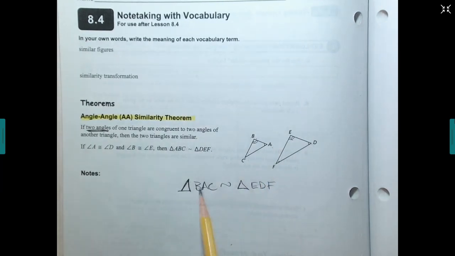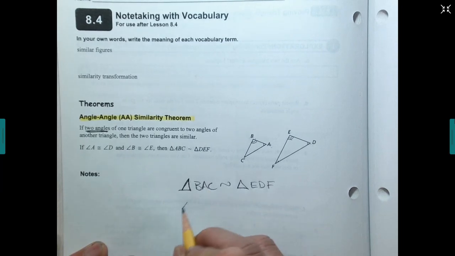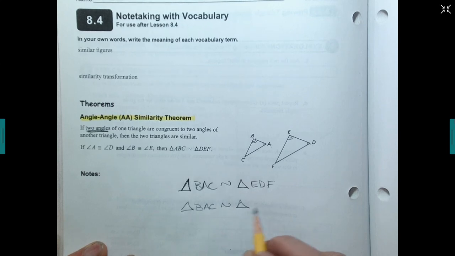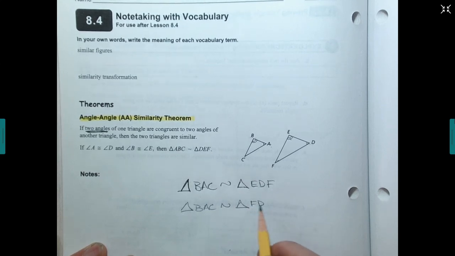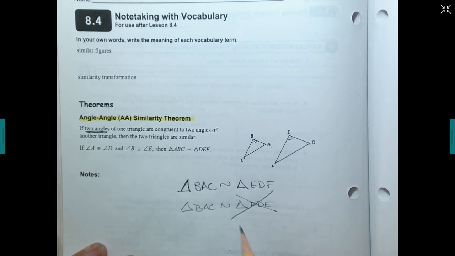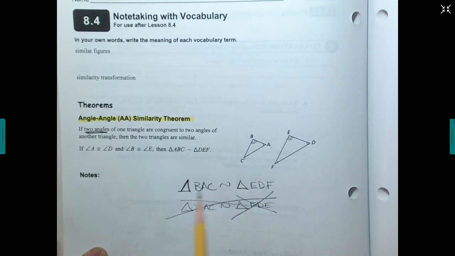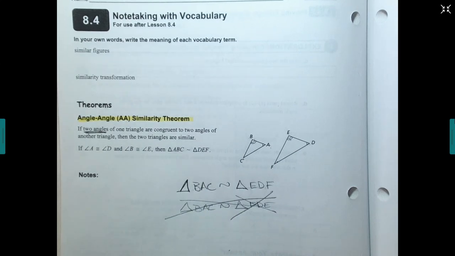So for example, if I said triangle BAC is similar to triangle FDE, that is incorrect. This is not correct. Those are the similar triangles.